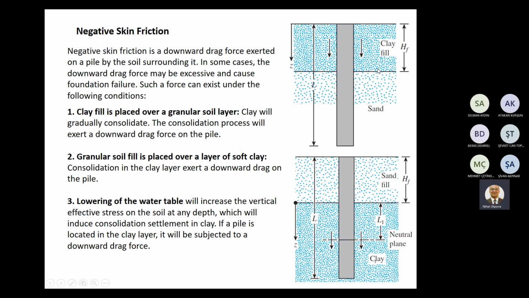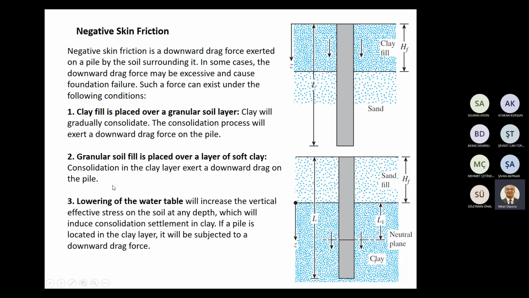So the clay fill will undergo consolidation and downward volume decrease, and this downward volume decrease will exert a downward drag force on the pile. Actually, this is a rare case.